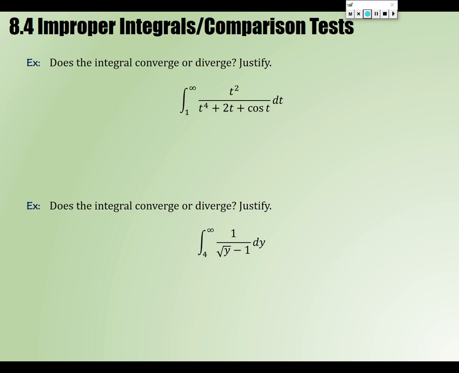An important step in this process, I think, that we haven't really emphasized at all is identifying what you want to compare it to.